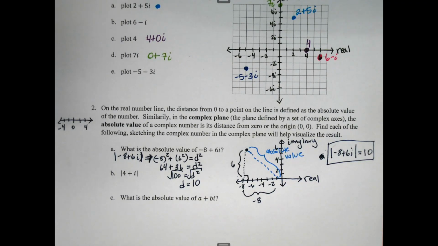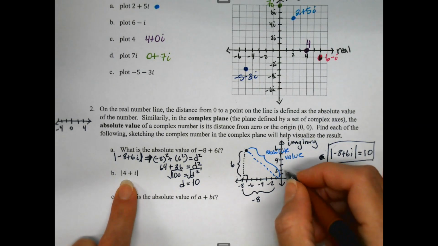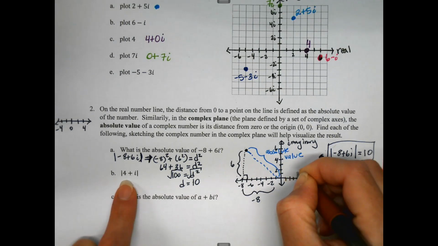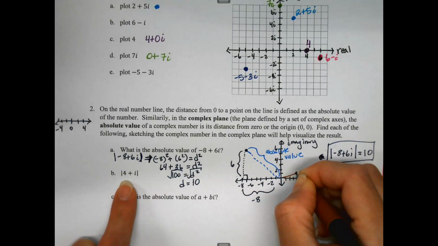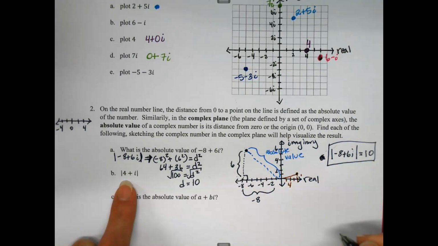We could do the same thing for any other complex number. So this one, 4 + i. That would be here at (4, 1). We have a height of 1, a distance here of 4.